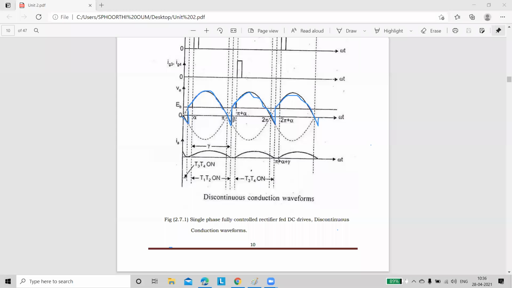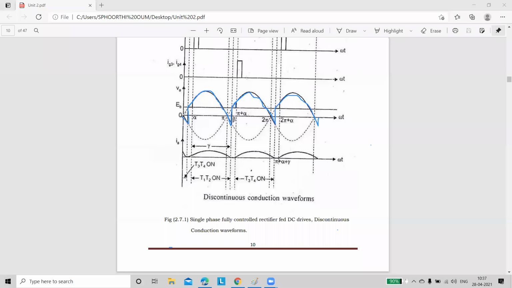So is it continuous or discontinuous? At the firing angle of 0, overlapping is done, but it is continuous. And whenever your firing angle is equal to the extinction angle, then you are getting a continuous waveform.